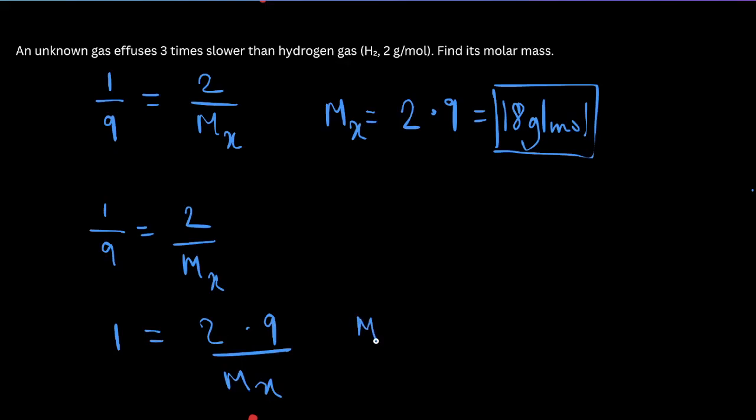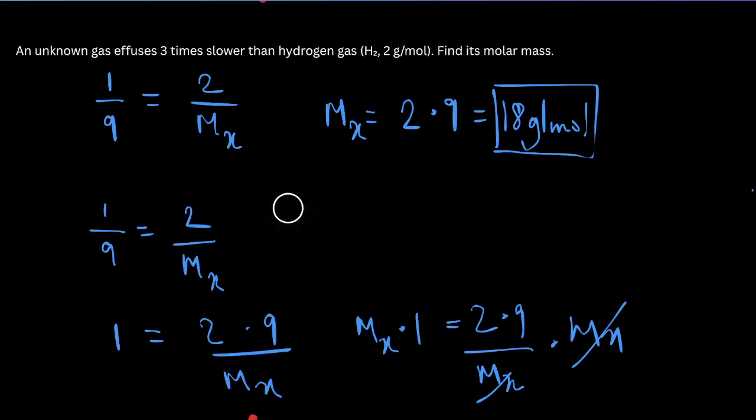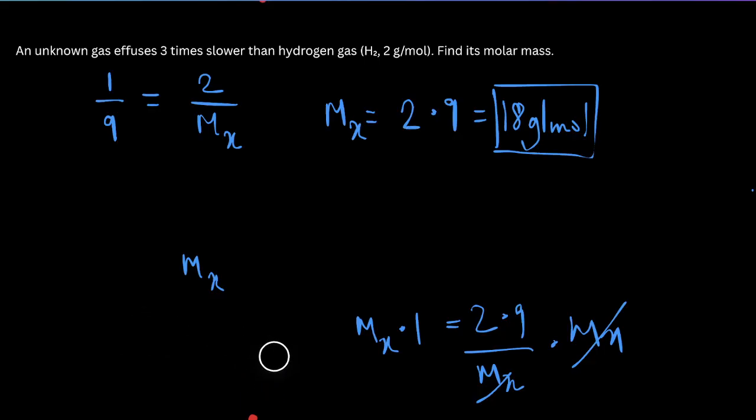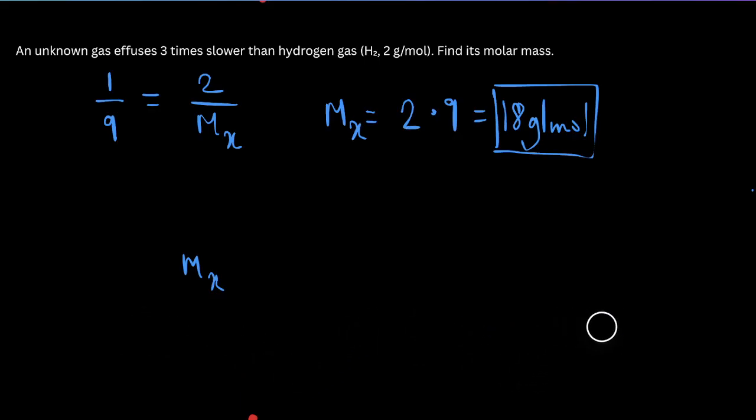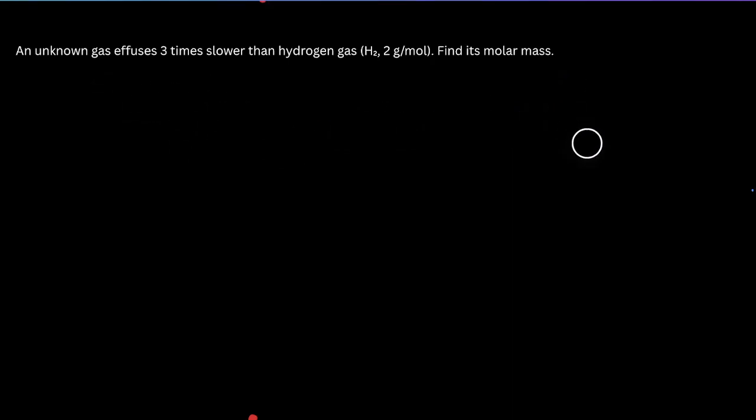That gives us molar mass of x times 1 is equal to 2 times 9 over the molar mass of x times the molar mass of x, which just gives us what we have over here, right? The molar mass of x is equal to 2 times 9, or 18 grams per mole. And so there we have successfully found the molar mass of our unknown gas. Hopefully that made some sense.